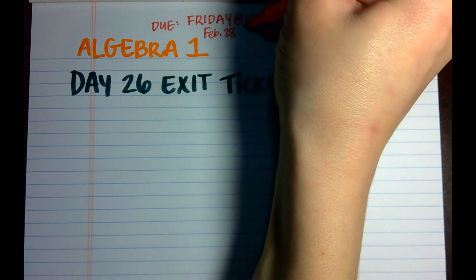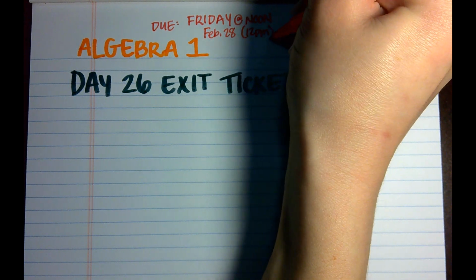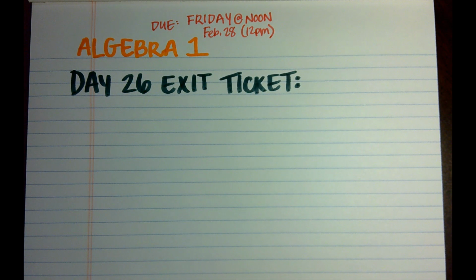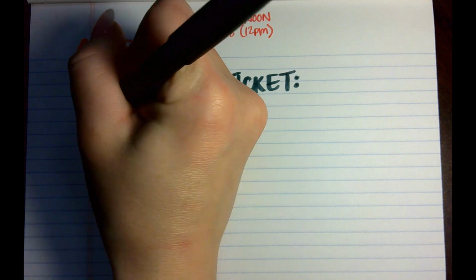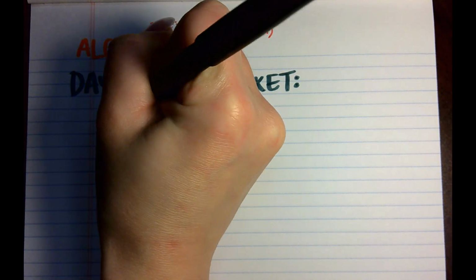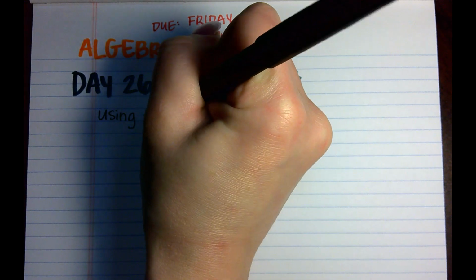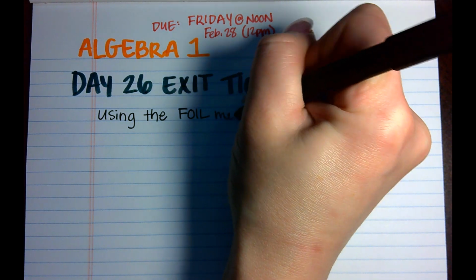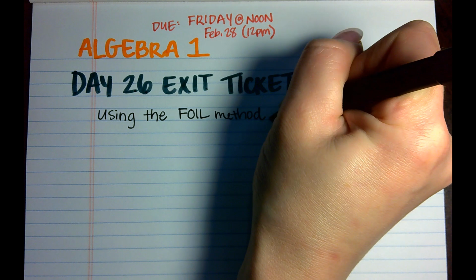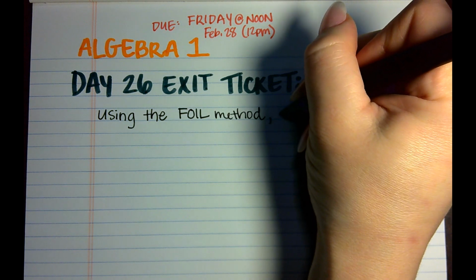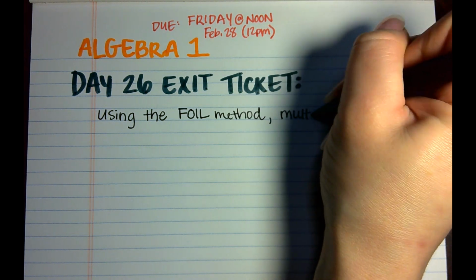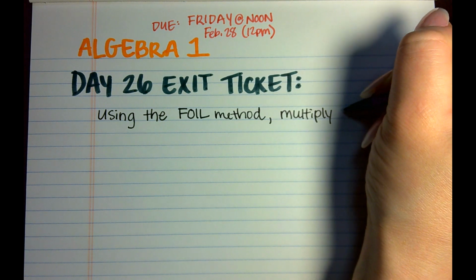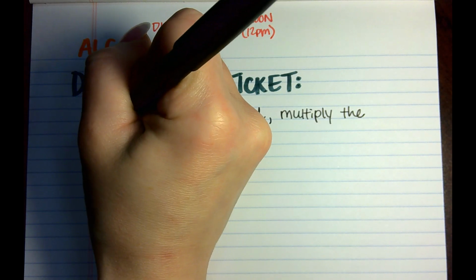February 20th. Okay, so your instructions: using the FOIL method, multiply the expressions below.